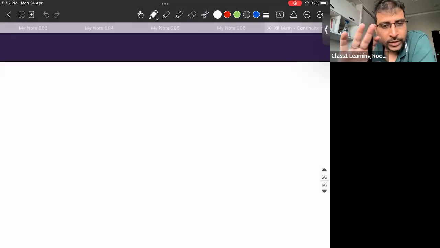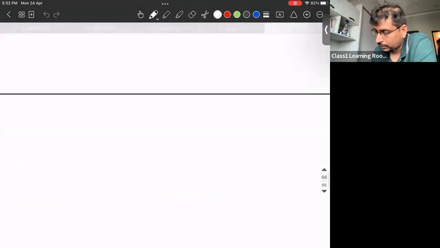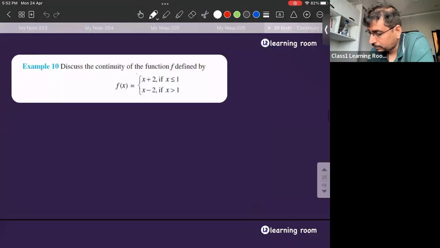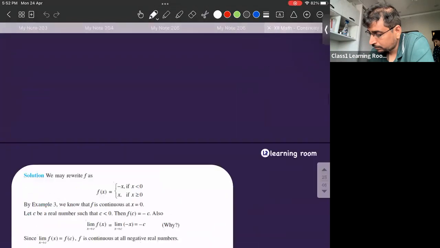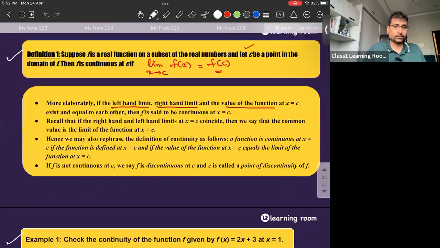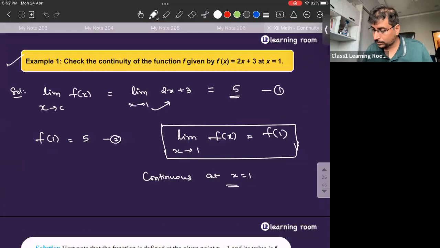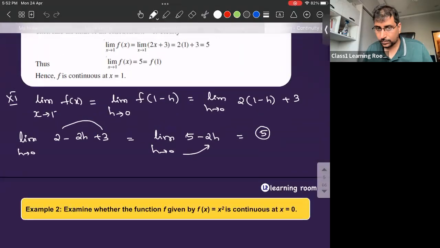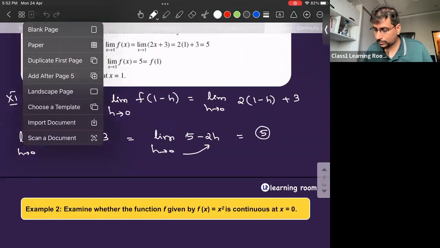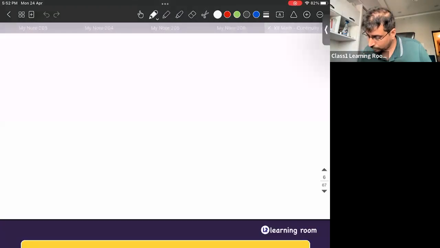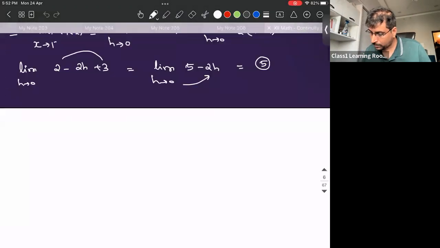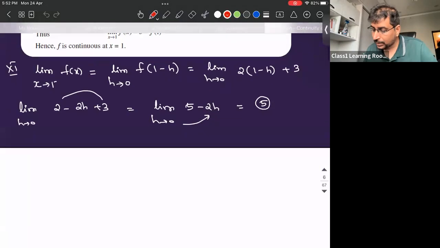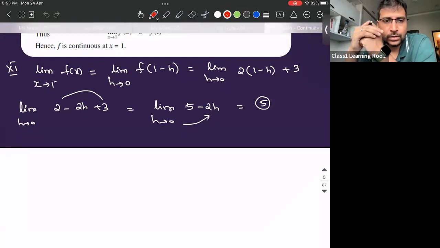See, actually speaking, you need not do all these things, but I'm just trying to give you a perspective out of this. Similarly, if you do limit x tends to 1 plus and then try to solve, you'll still get the answer as 5. Okay.